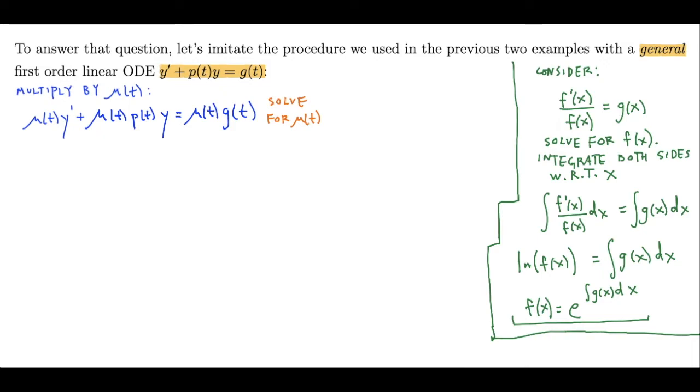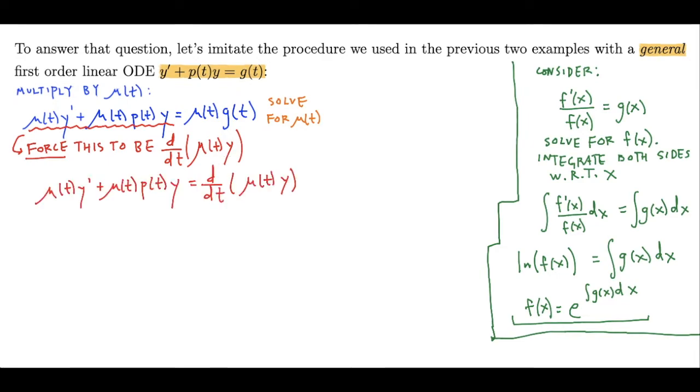What we want to do in this derivation is to force that to always be true. So as you'll see, my next step will be to force the quantity on the left-hand side to be the result of the product rule, specifically the derivative of mu of t times y. Let's go ahead and set up that necessary equation.